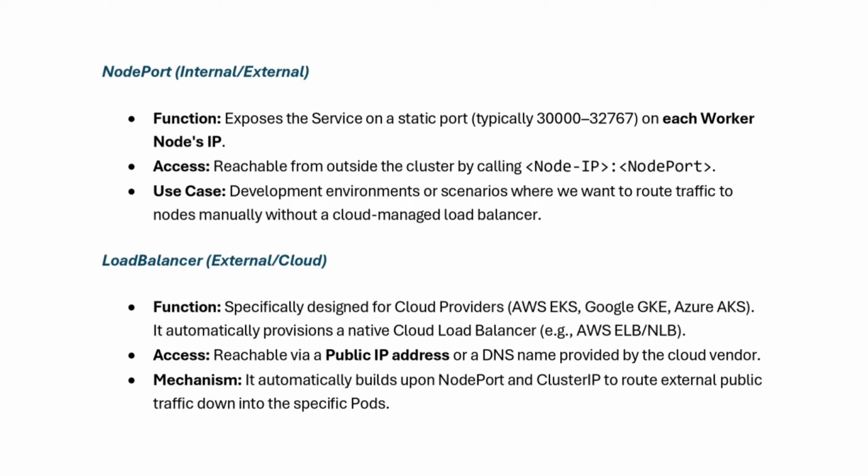So load balancer is a service provided by cloud providers. It provides a reachable public IP address or a DNS name, which can be provided by Route 53. The load balancer has a mechanism that automatically builds upon NodePort and ClusterIP to route external public traffic down into specific pods and balance that traffic so no single pod gets overwhelmed.